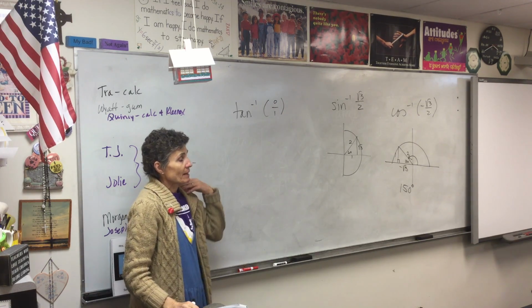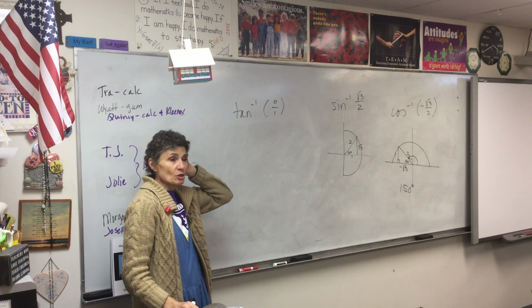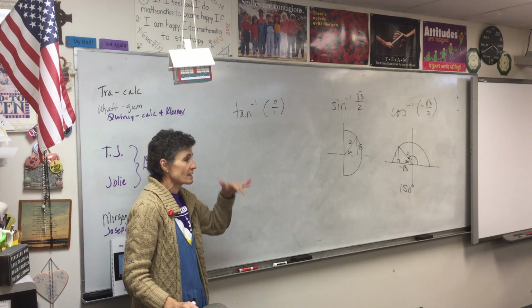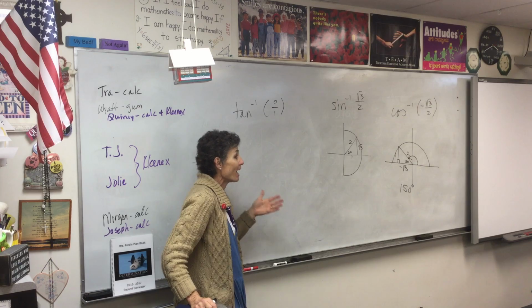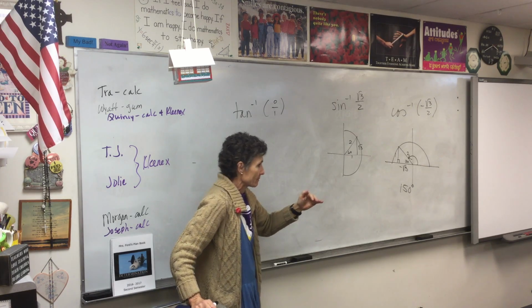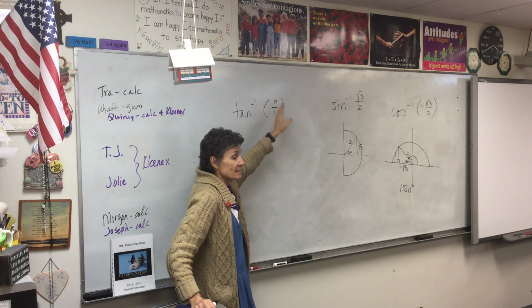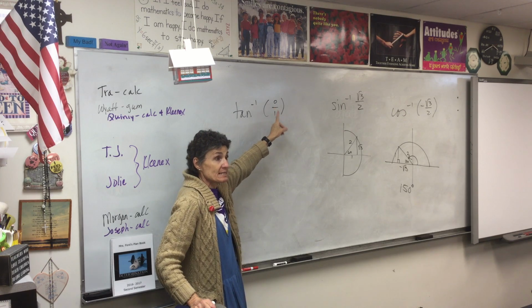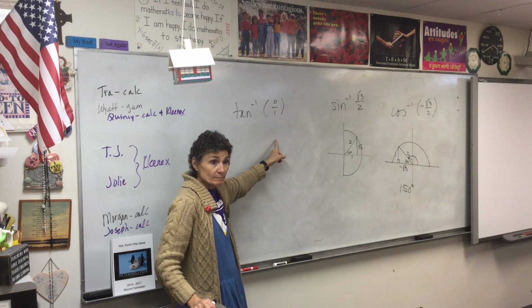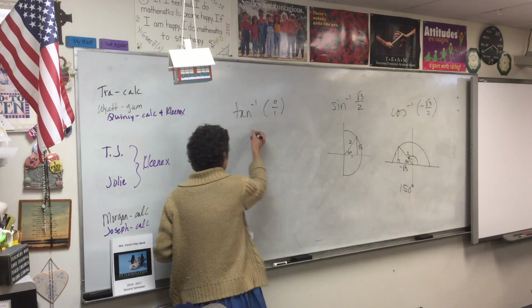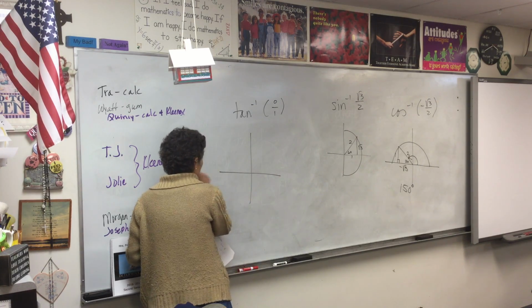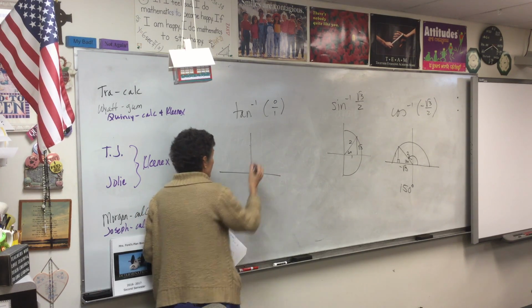All right, I like to think of my numbers as fractions because all of your trigonometric ratios, sine, cosine, tangent, are defined as something over something. So I'm going to make this, it's a 0 on the paper, but I'm going to make it 0 over 1. And then I am going to think about this for a minute.